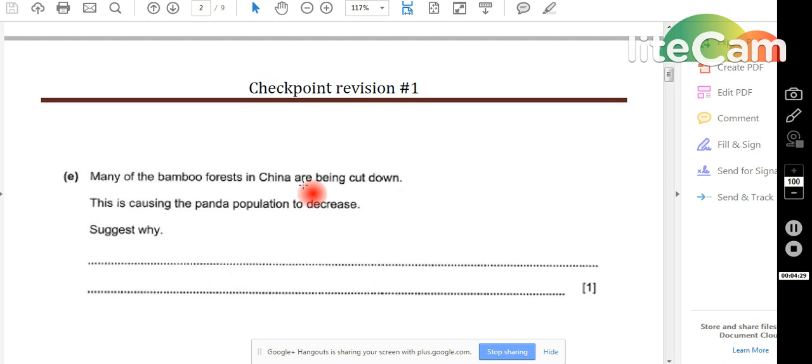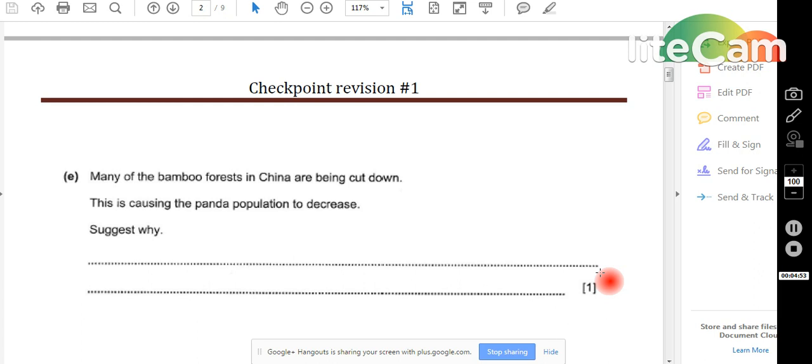What I want you to pay attention to now is how many marks this question is for. Oh, one. 1 mark. Okay. In biology, for every mark that they want to give you, they want one fact. If this was for 2 marks, then they wanted two separate facts.